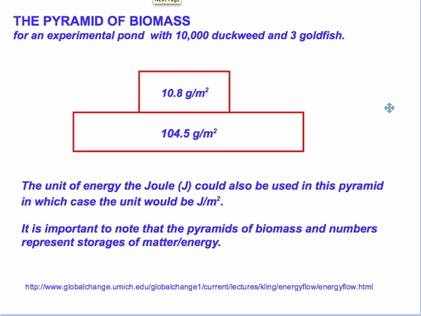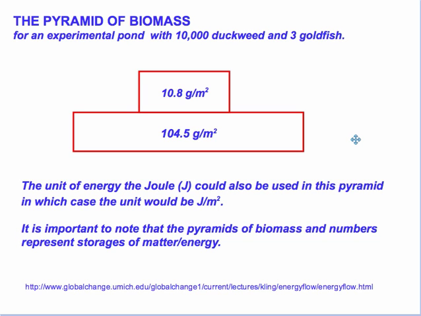With that dry biomass in hand, you can then use it to estimate how many the 3 goldfish would weigh, or what would be the mass of your 10,000 duckweed. And then you can express everything in the units of grams per square meter. So depending on the size of the area, you can then work out the amount of biomass that you have sitting at any given point in time when you took your sample.